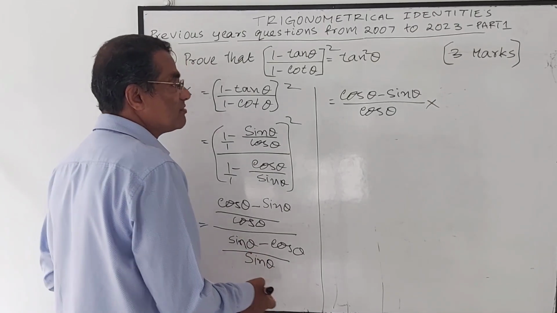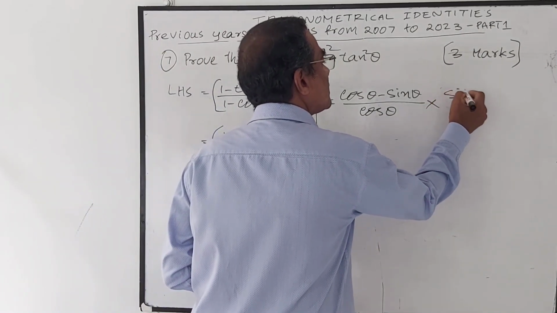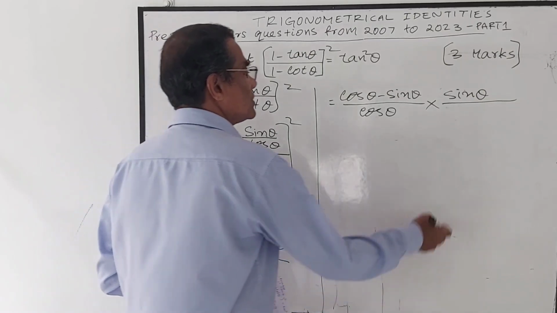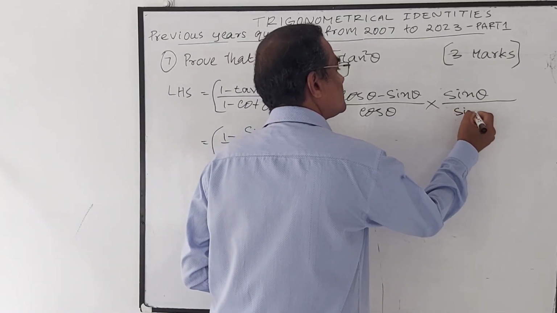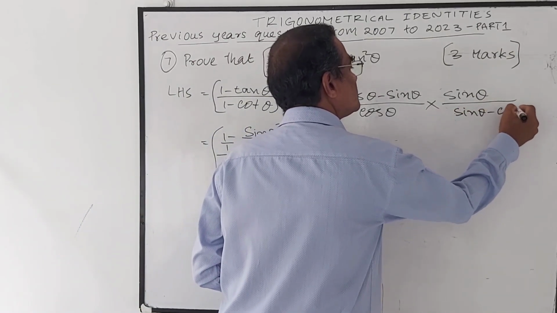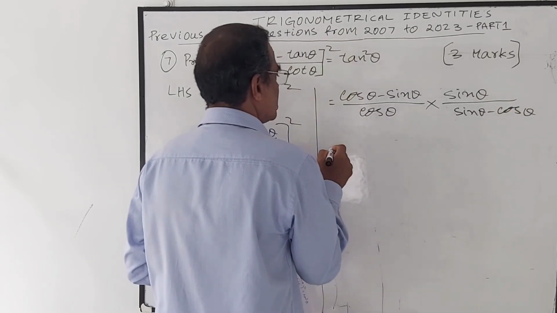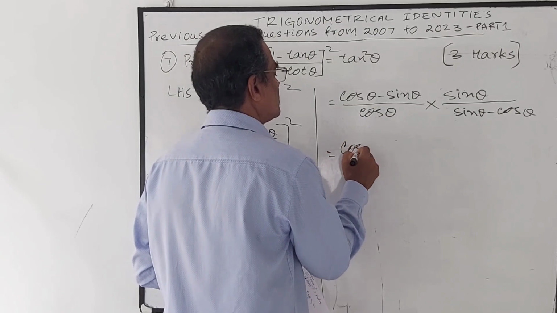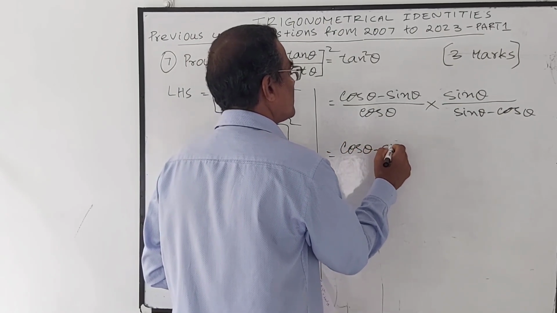So reciprocal of this will become sin theta by sin theta minus cos theta. Equal to cos theta minus sin theta.